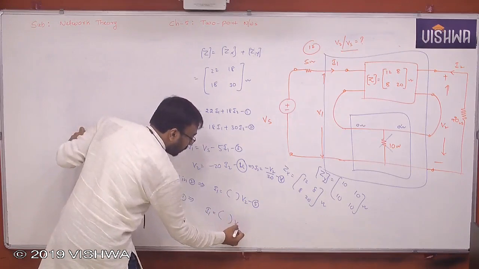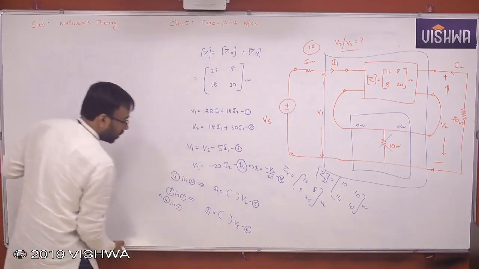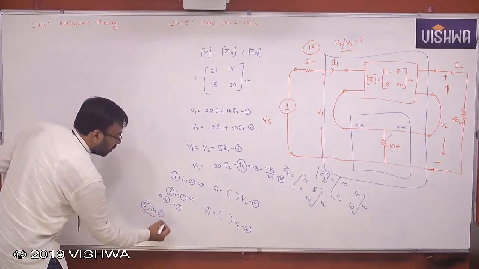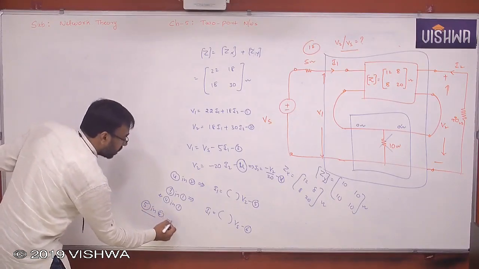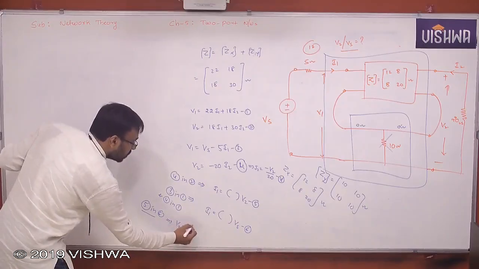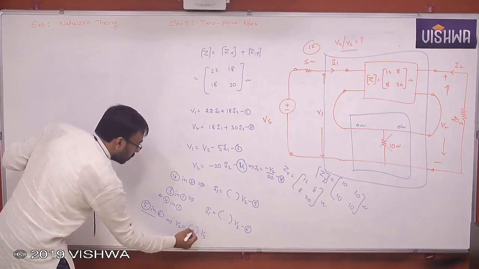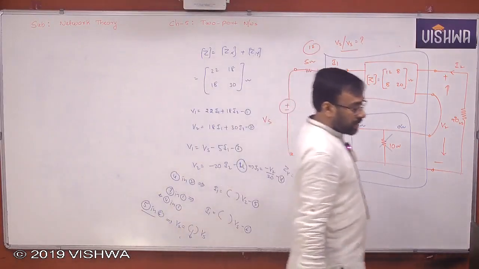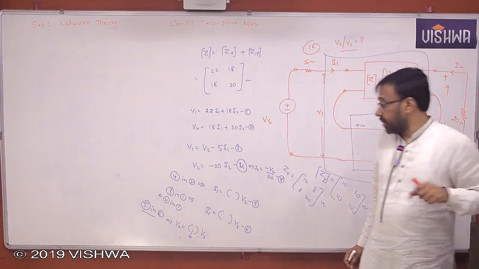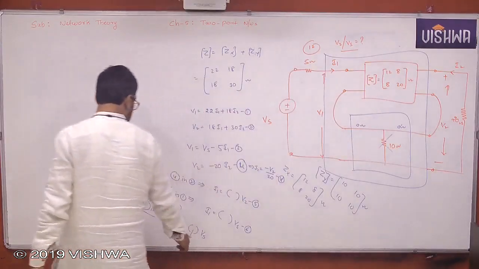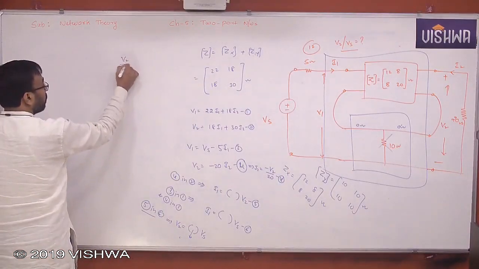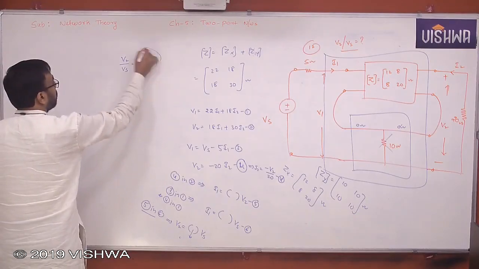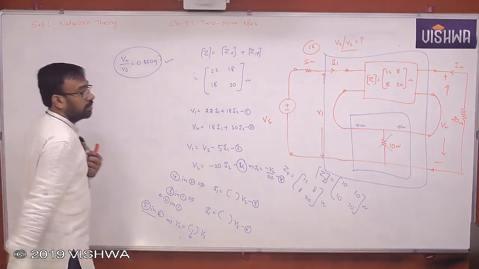Now I guess you understand. If 5 is substituted in 6, then you will get V2 is equal to something into Vs. So this is what is required. Okay, I give that answer directly here, 0.3509. Okay, from this you understand V2 by Vs is 0.3509. Please note down.